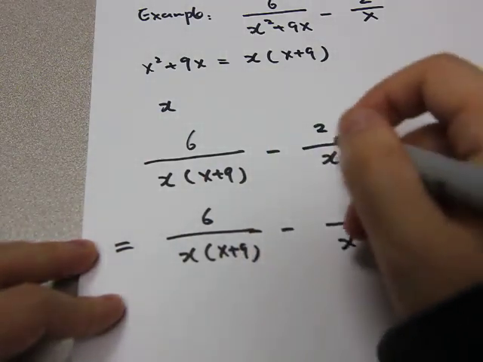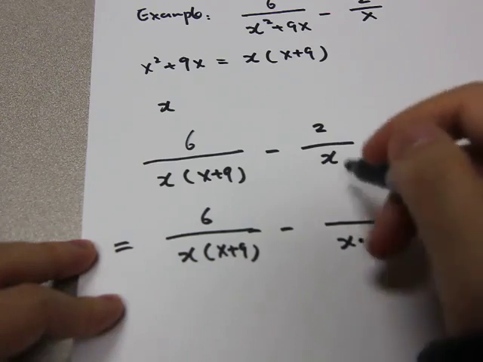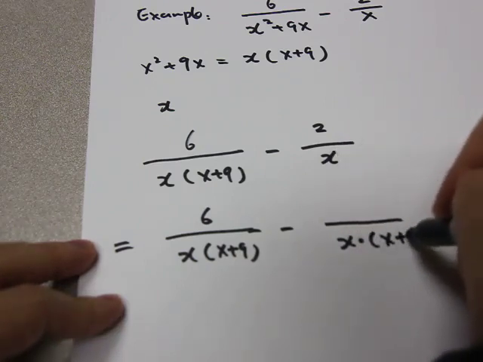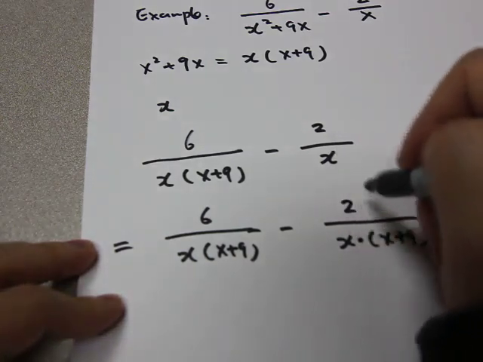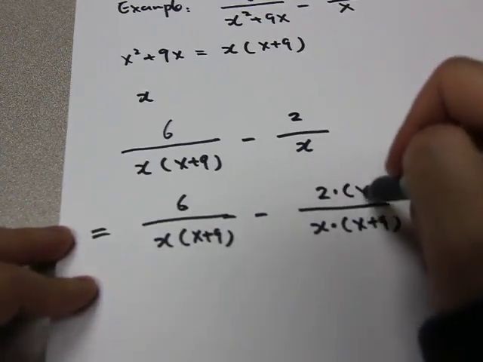So I multiply the denominator of the second expression by x plus 9. Also, I multiply the numerator by x plus 9.